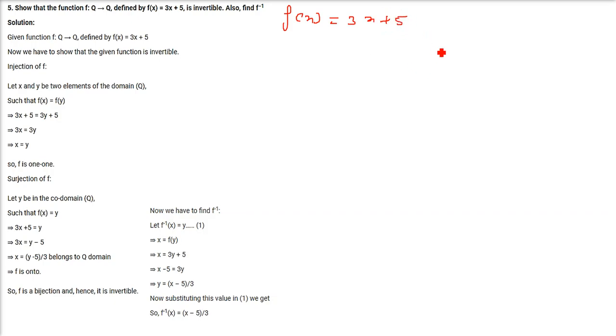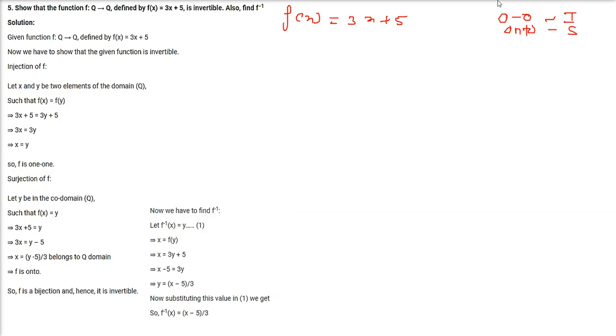First of all, we have to show that this function is one-one and onto, that is injective and surjective, then only it will be bijective, and then only it will be invertible. So let us prove that it is indeed a bijective function so that we get an inverse.